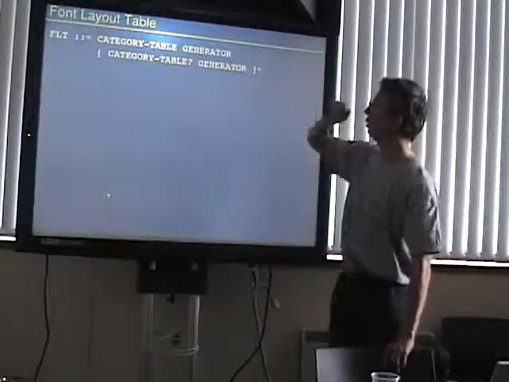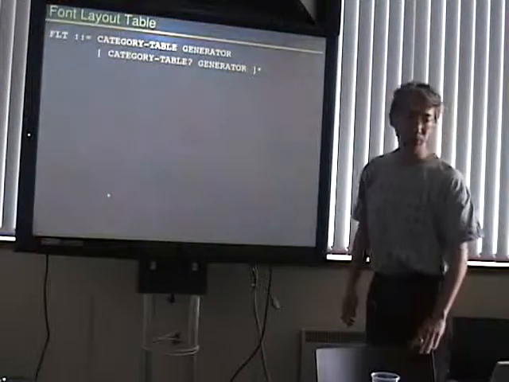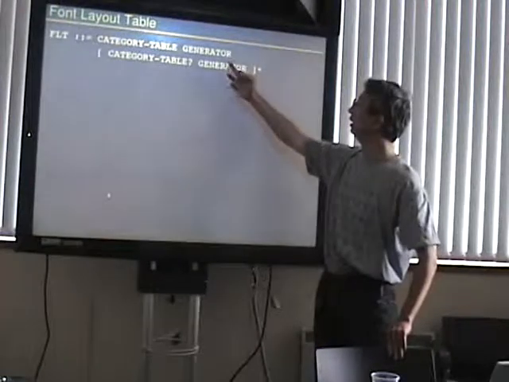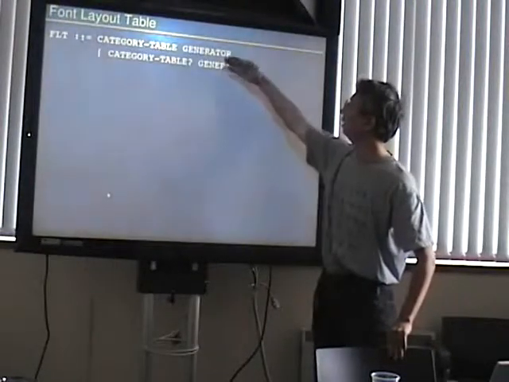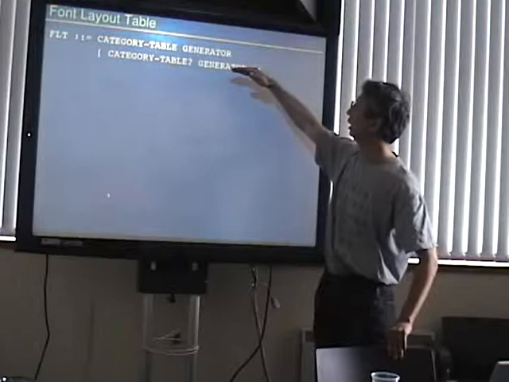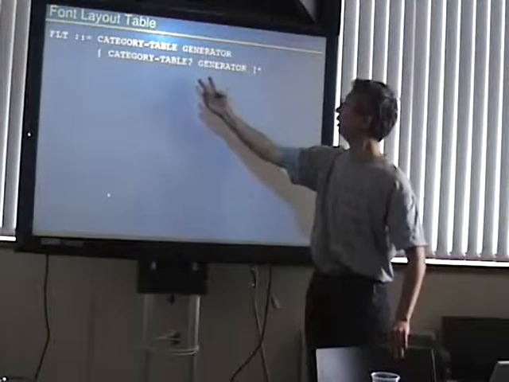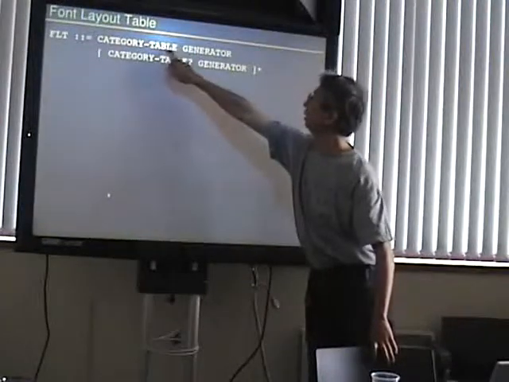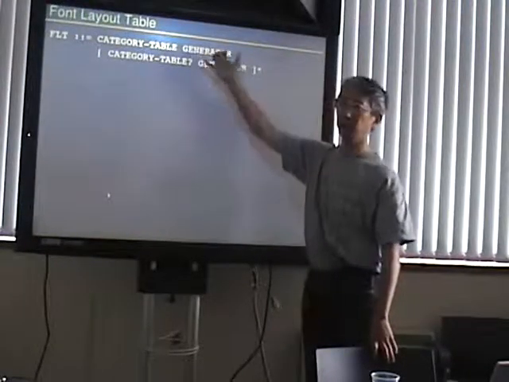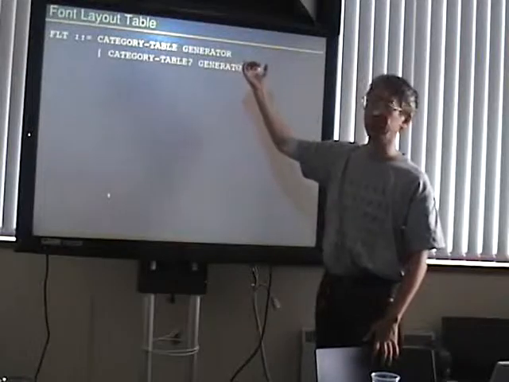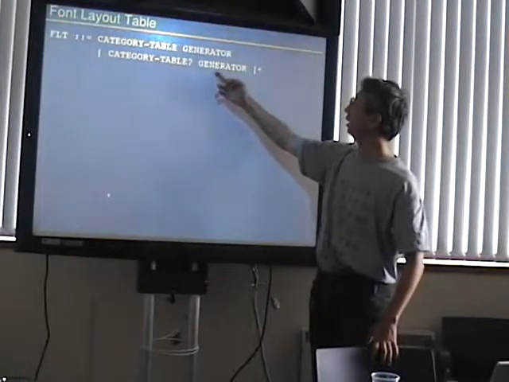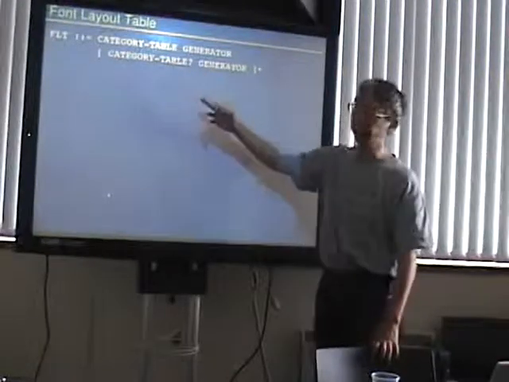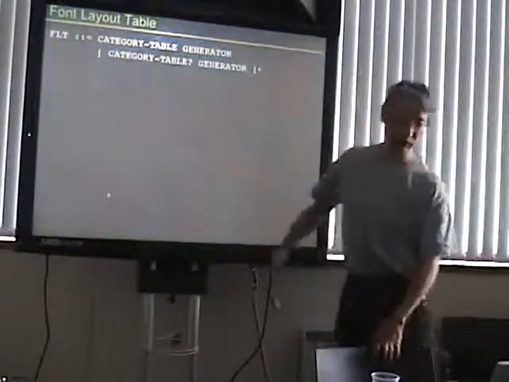This is the format of the font layout table. It has the category table and generator. And we can have this set as many times as we need. So this set, the category table and generator, composes one stage. And for the second stage and later, the category table can be omitted if we use the same one as this.